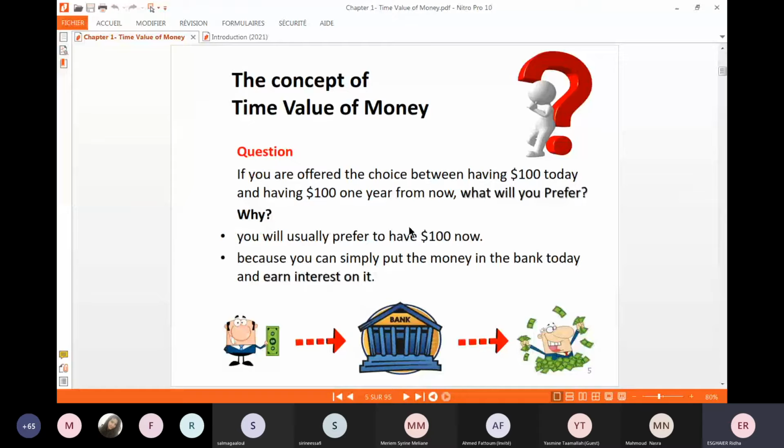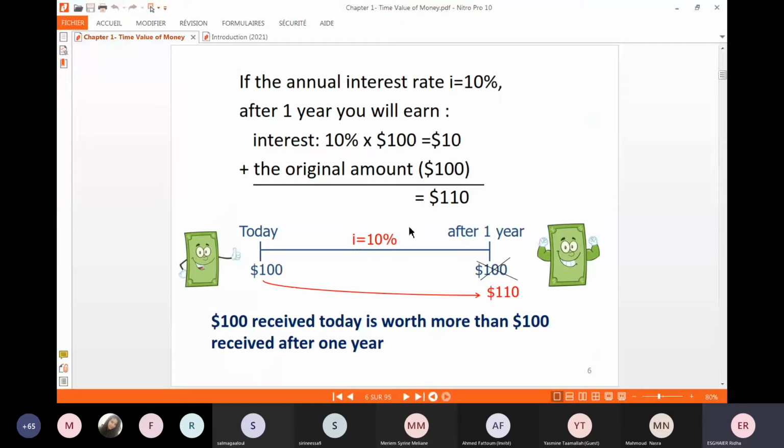For example, if the interest rate is 10%, or if we can earn on any investment we make today a 10% return, if we invest $100 today, these $100 will generate for us 1 year from now 10% of the amount invested, which represents $10.